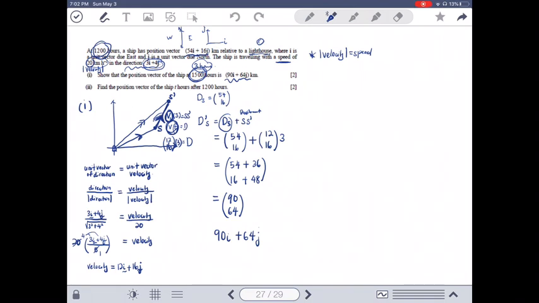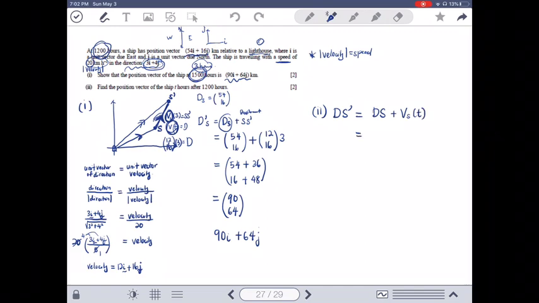Find the position vector of the ship t hours after 12 hours. So the displacement is just equal to the initial displacement plus the velocity of the ship times time.